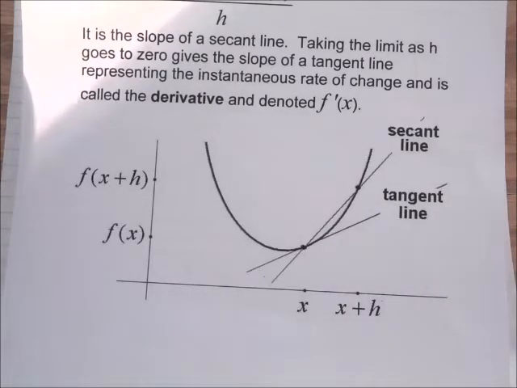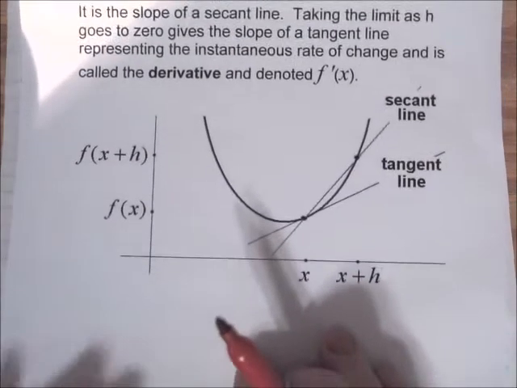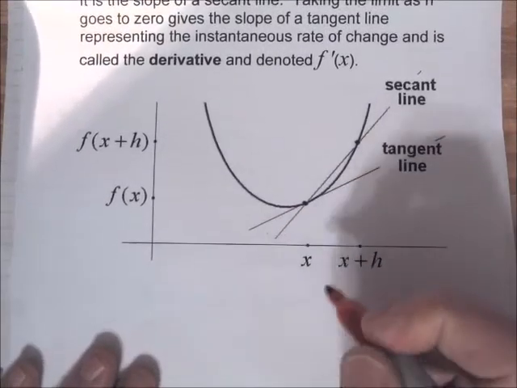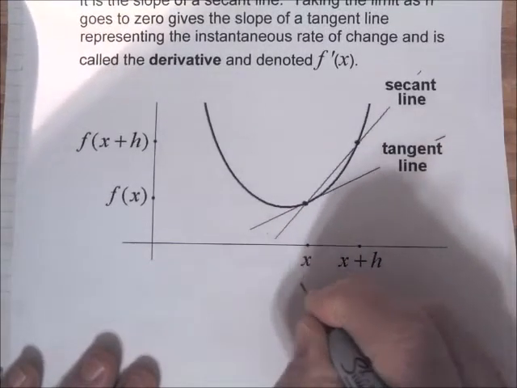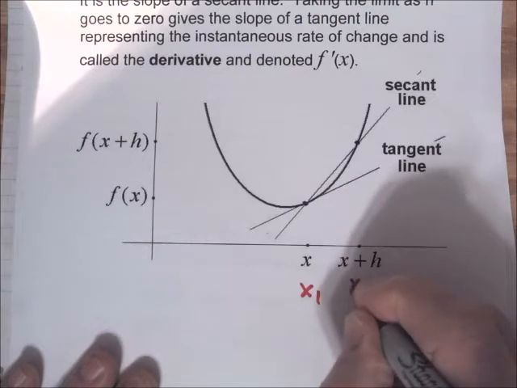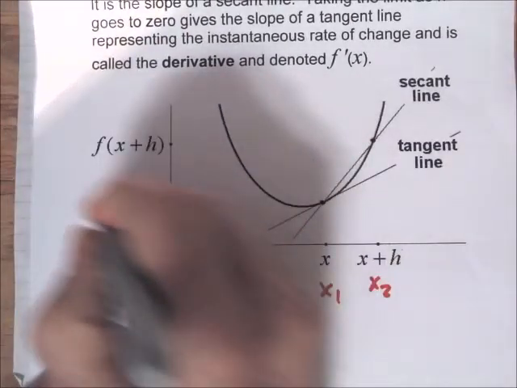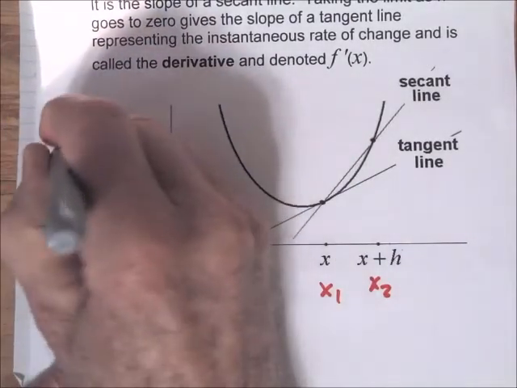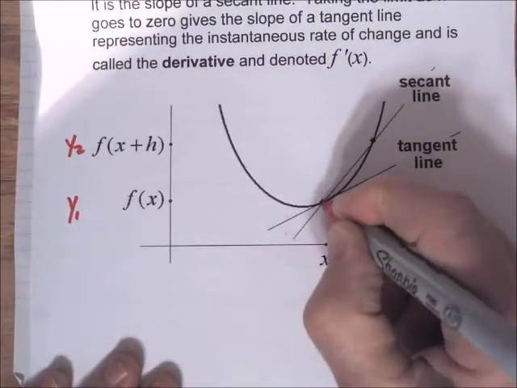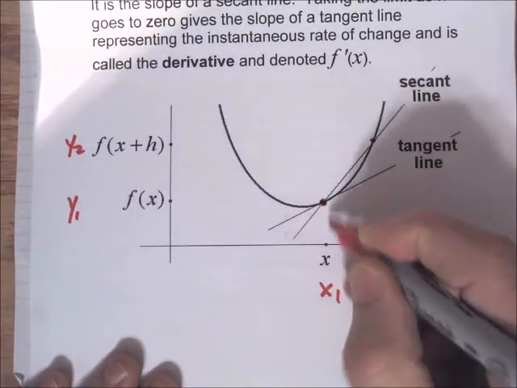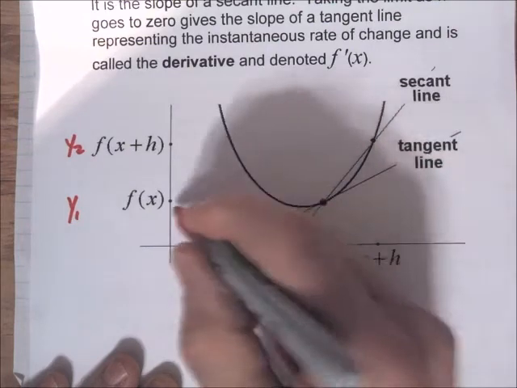So here's an illustration. If you want to revert to more familiar notation, this is x1, x2. This is y1 and y2. So we have the point here: the x coordinate is x1, the y coordinate is y1.